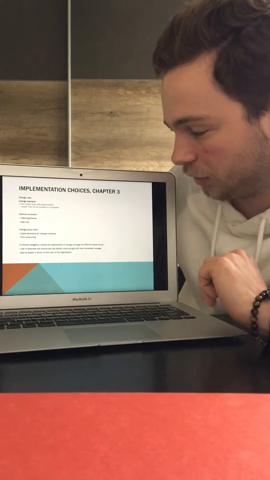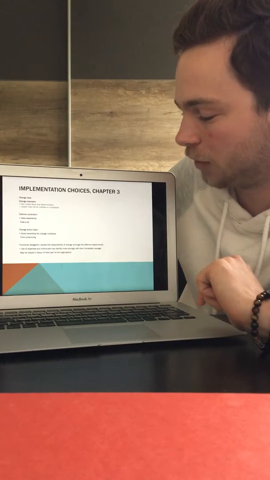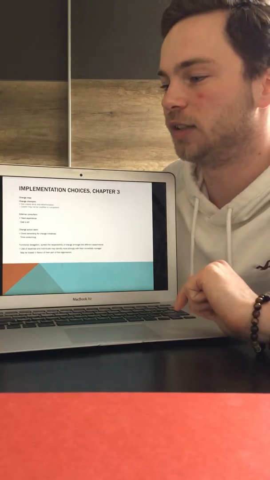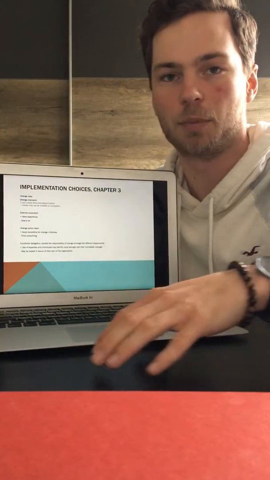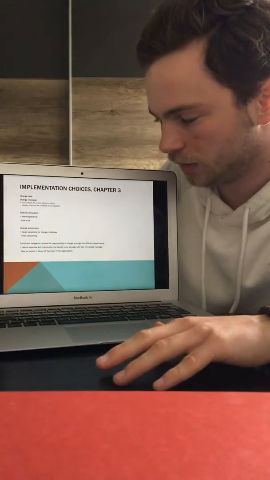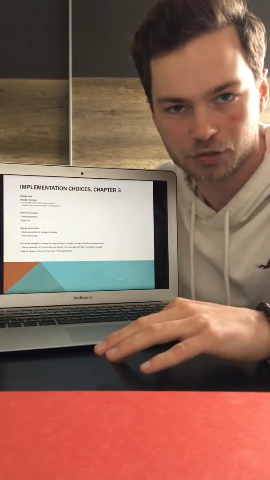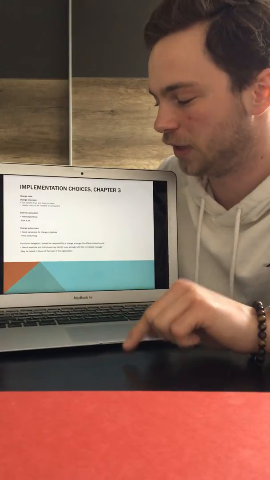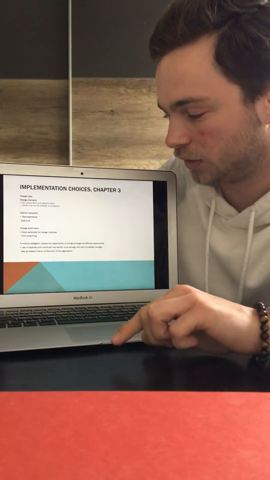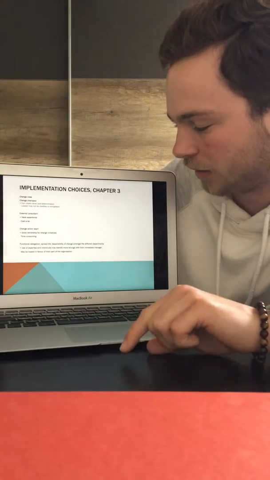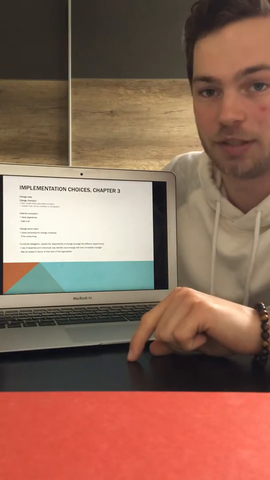The last one is functional delegation. Spread the responsibility of change amongst different departments. So if you have different departments like human resources and financials, you have every manager in that certain department responsible for the change of that department. A pro being the use of expertise, and individuals may identify more strongly with their immediate manager.